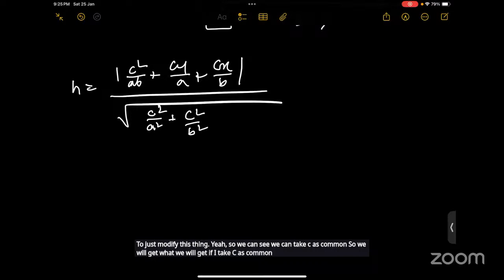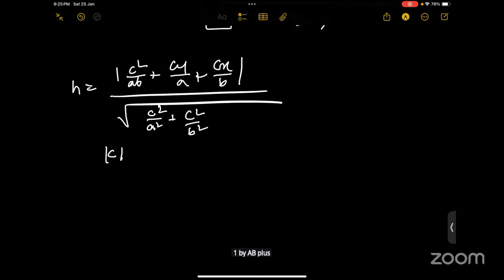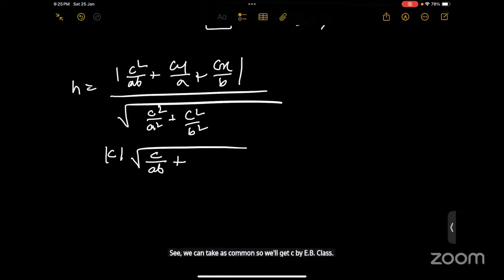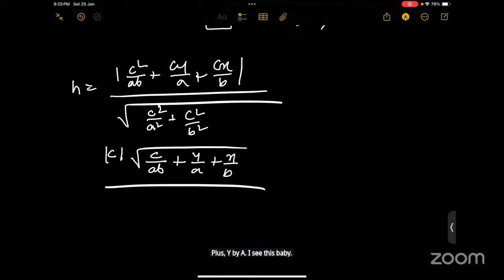We will get C by AB plus Y by A plus X by B. We can take C from here too, right? So we will get modulus C, 1 by A square plus 1 by B square. So we can cancel them out.